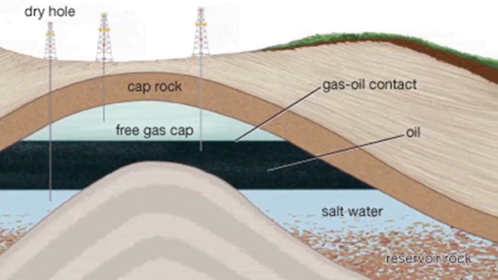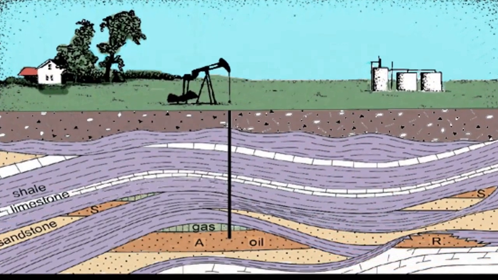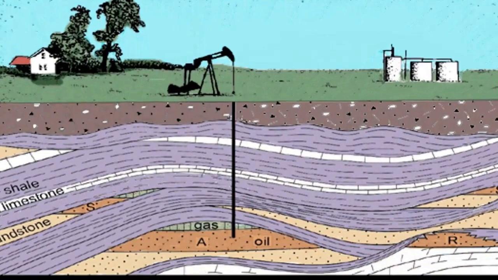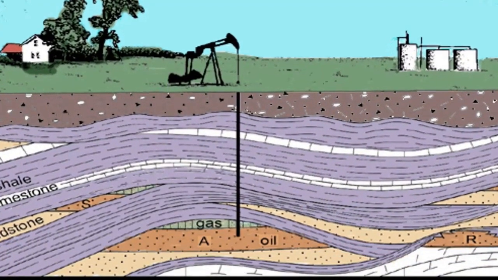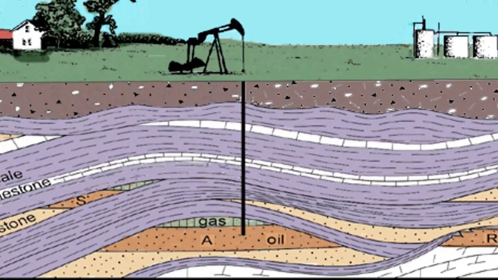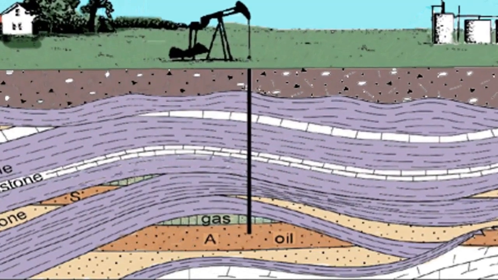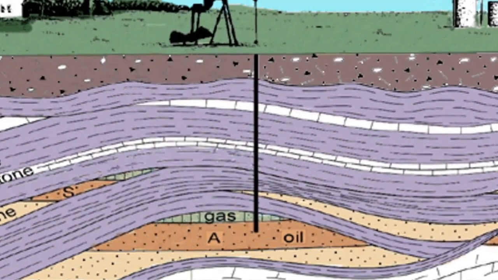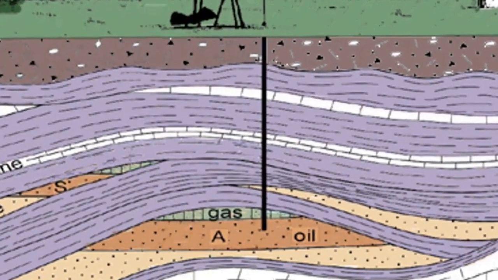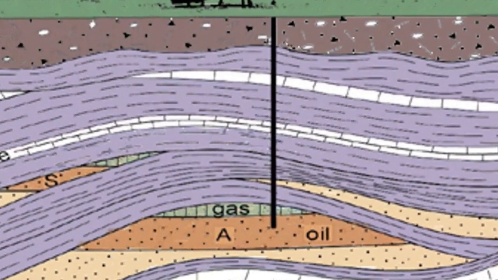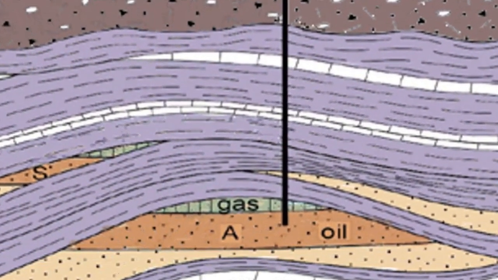Both rest upon the denser water that saturates the reservoir rock. One of the world's largest oil fields, El Nala in Saudi Arabia, is the result of an anticlinal trap, as is the famous Teapot Dome in Wyoming.